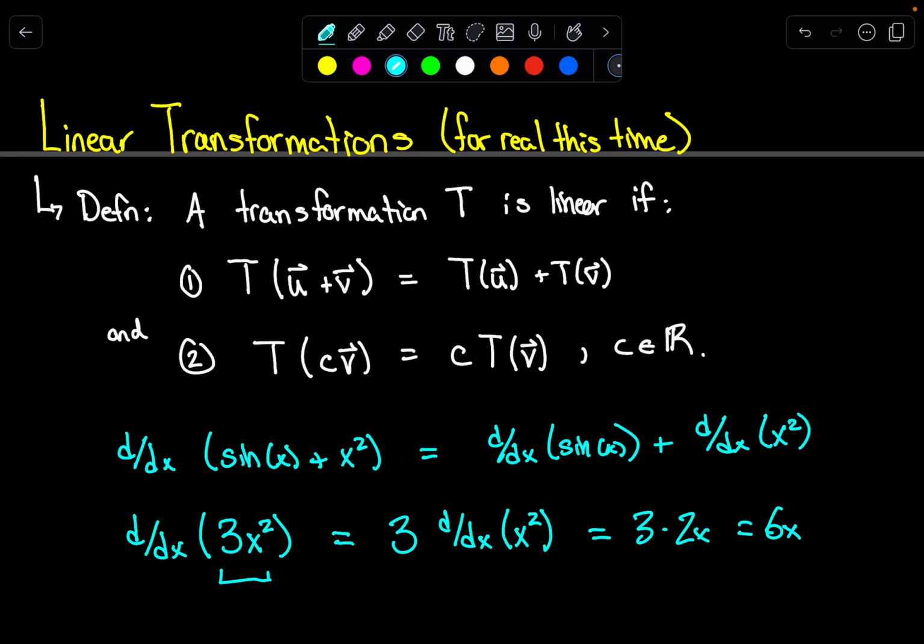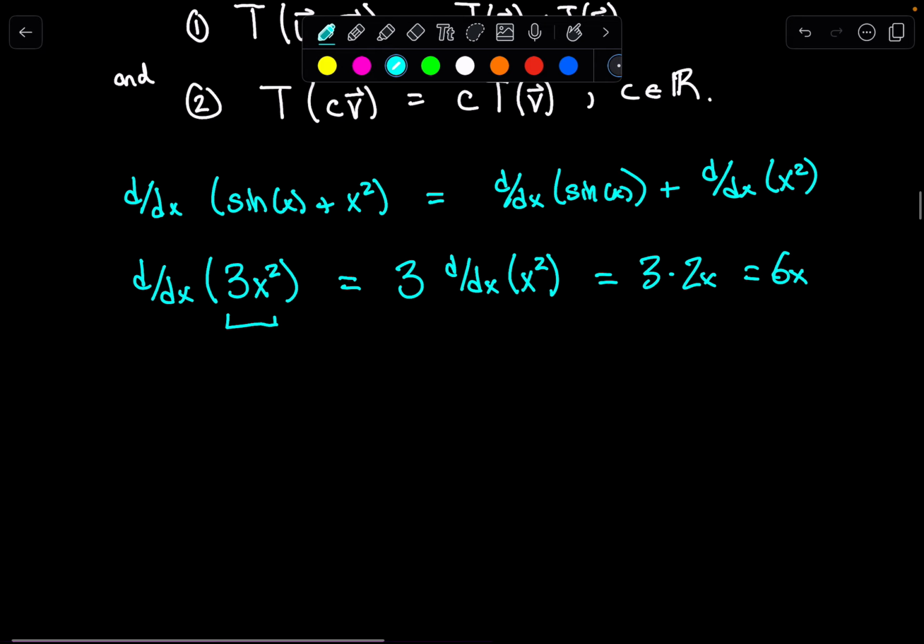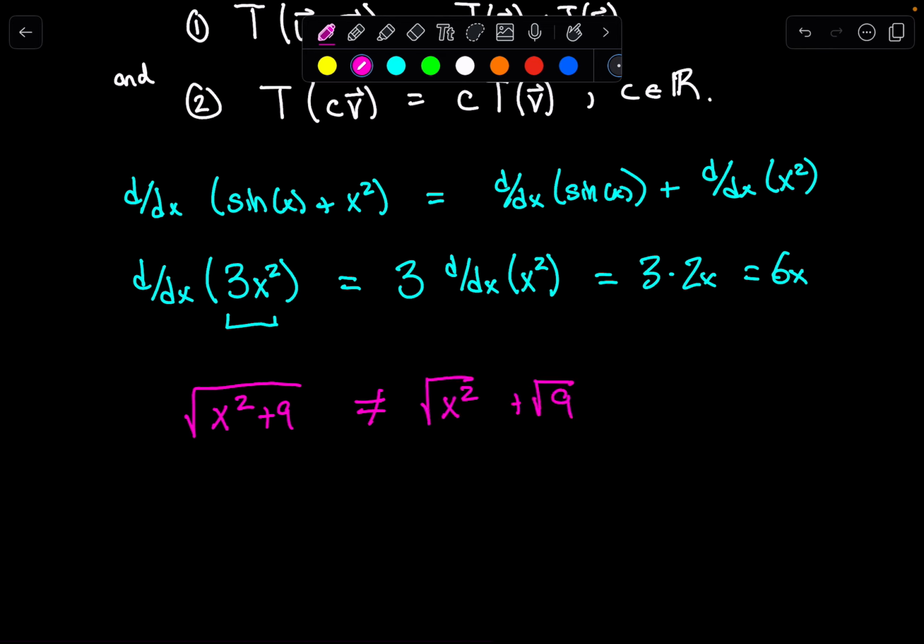And we really like working with linear operators. They follow some really nice patterns. They let us do some cool things. They're very predictable, easy to work with tools. They work in a lot of ways that you want. Maybe something as an example that's nonlinear is just the square root symbol, right? So the square root of, say, x squared plus 9 is not just equal to the square root of x squared plus the square root of 9.